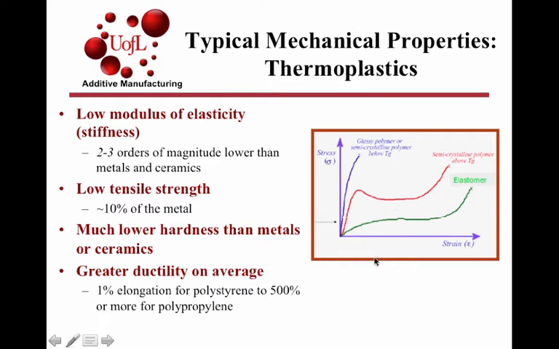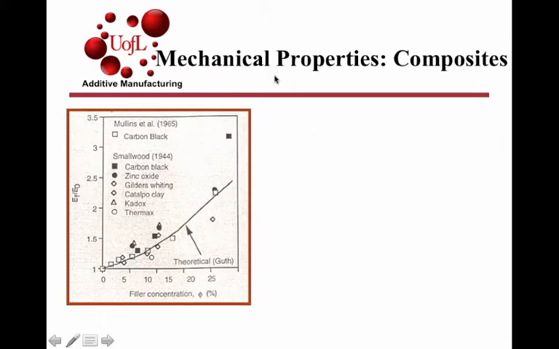So these are some basic differences from the typical elastic solid behavior, Hookean behavior, if you will, that you will see for metals and ceramics. When you begin to add fillers and create composites, this is a case of how the ratio of the filled material modulus to the unfilled material varies as a function of filler concentration. And typically, the Guth equation, which you have seen for the case of viscosity, also tends to be useful in this case, with the coefficients being a little bit different for higher particle contents.